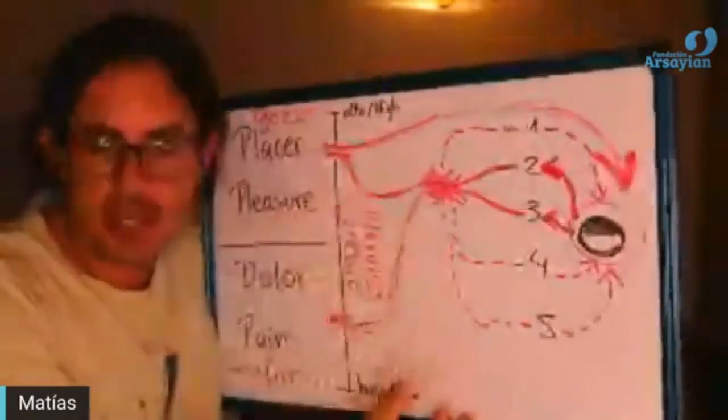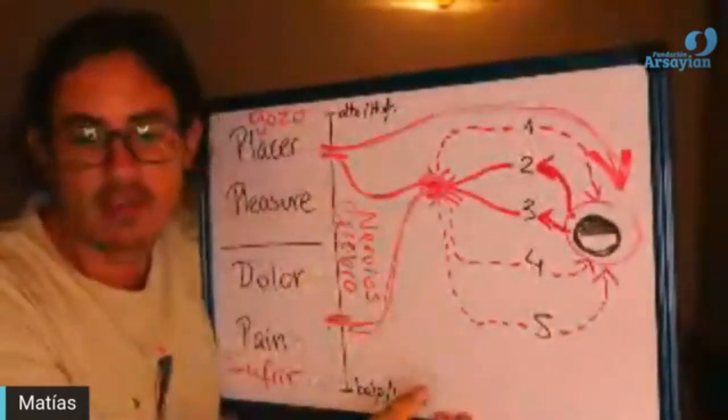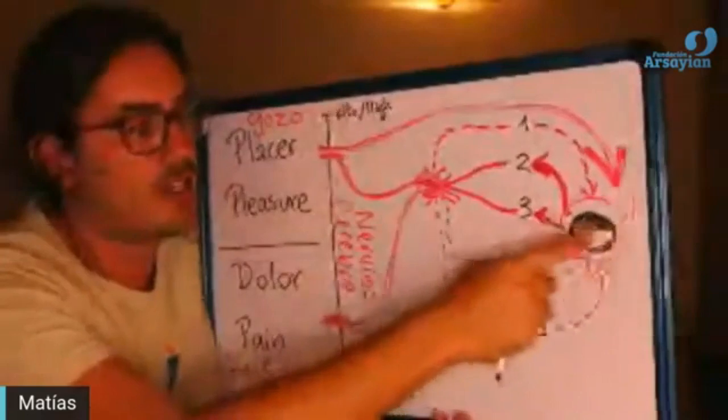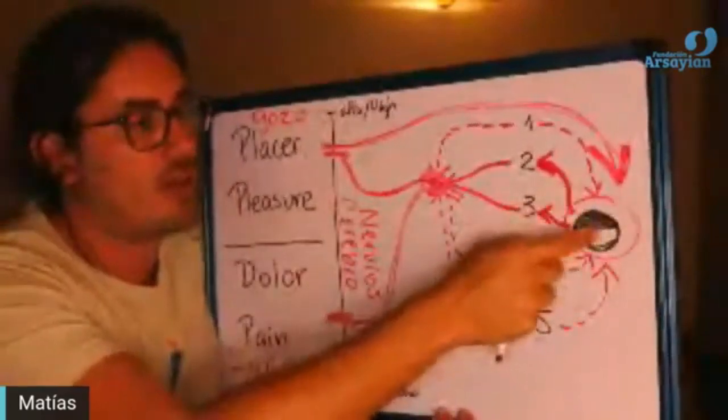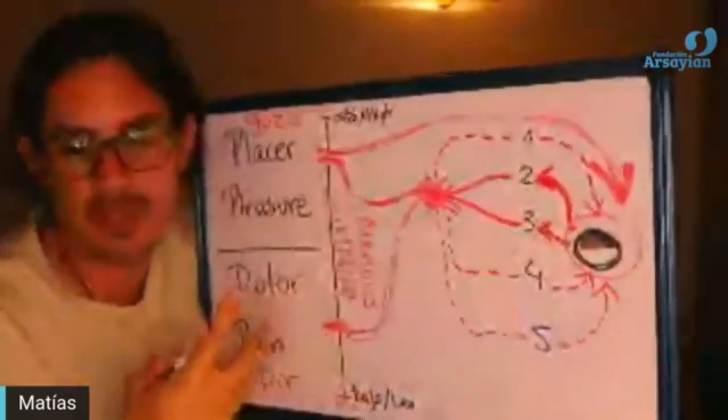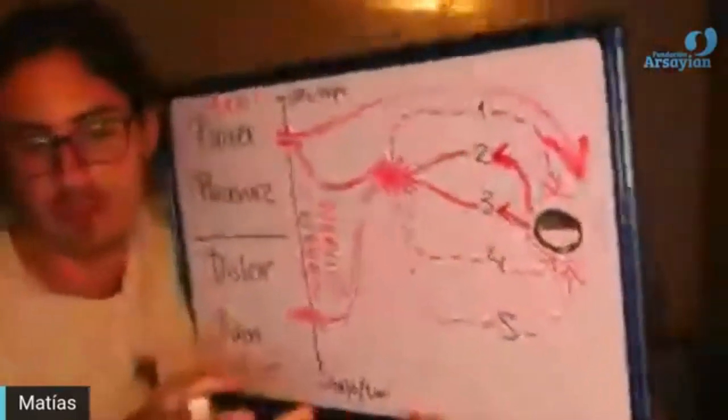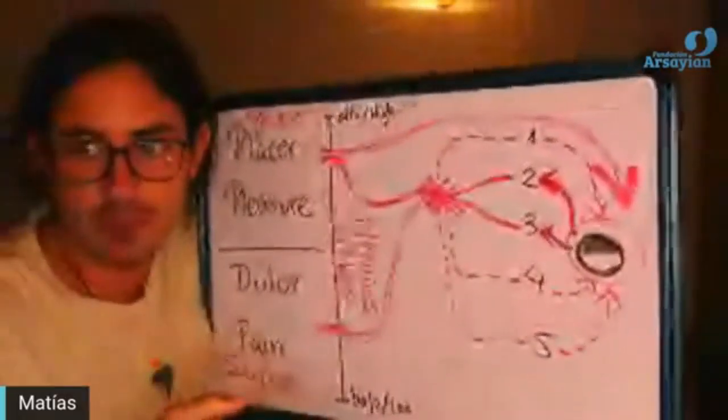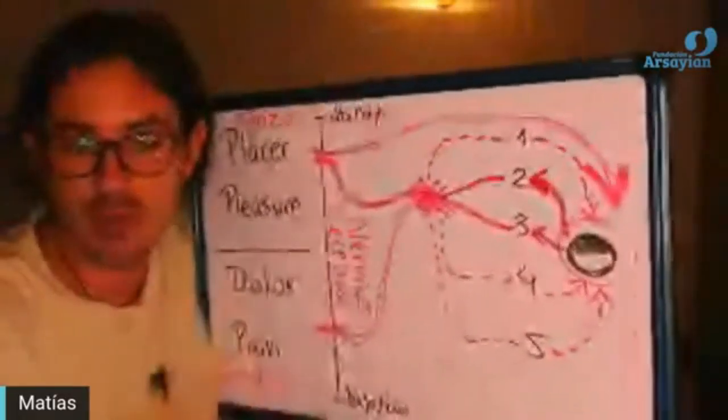So a basic example would be fire. You have fire here. So through the senses, you can experience fire in two different ways.